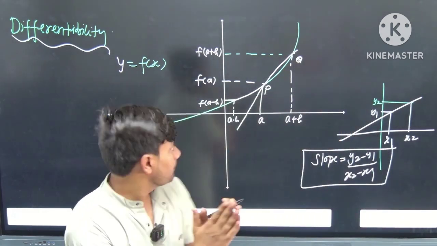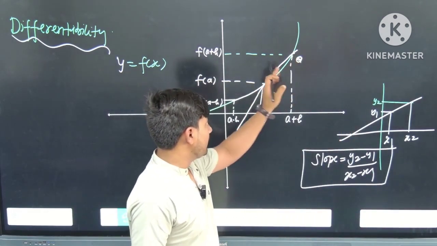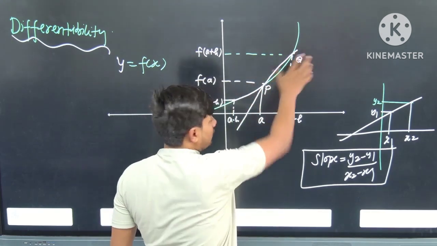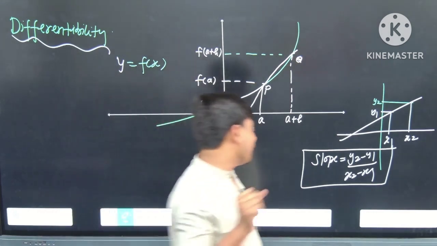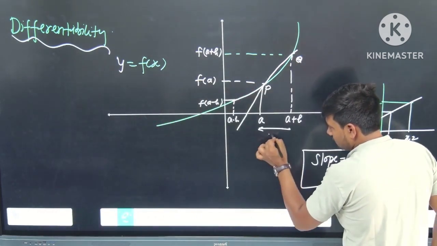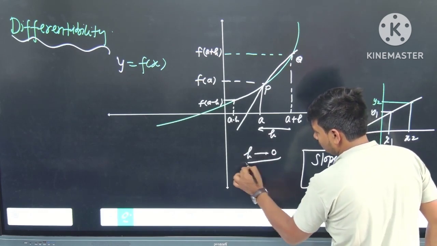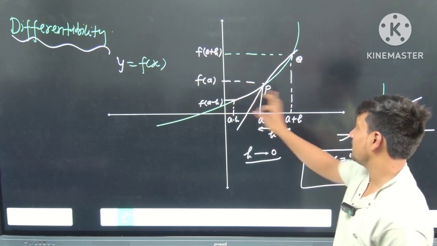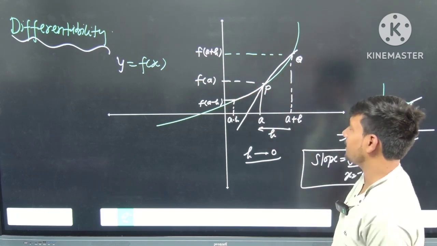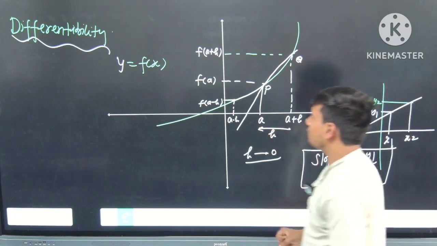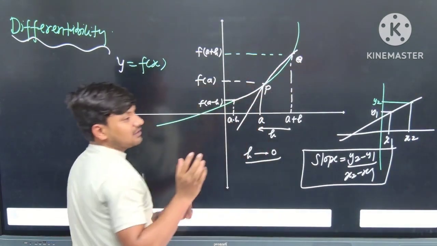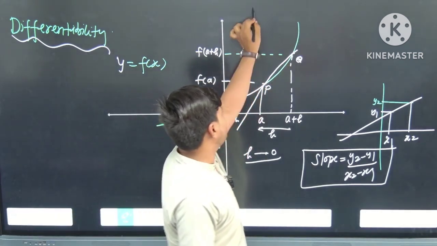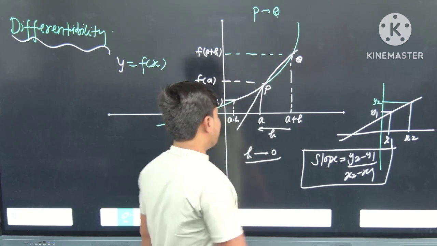This line PQ will become the tangent line to this curve whenever P and Q merge at a point, and for this, the distance h should tend to 0. The value of the function at a is f(a), at a plus h it is f(a plus h), and this distance is h. We want to find the slope, the existence of the tangent, when P goes to Q, which means h goes to 0.